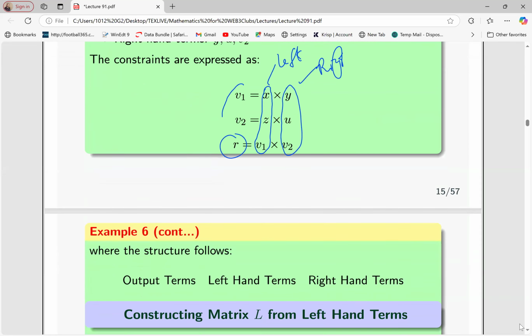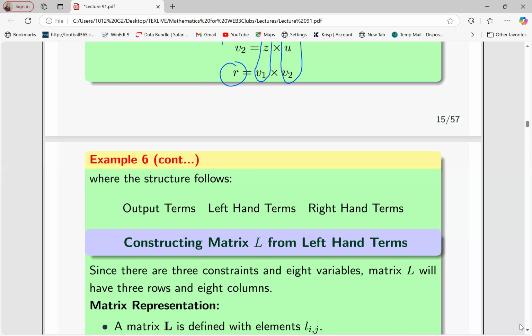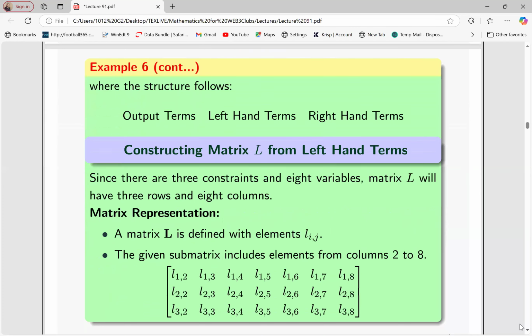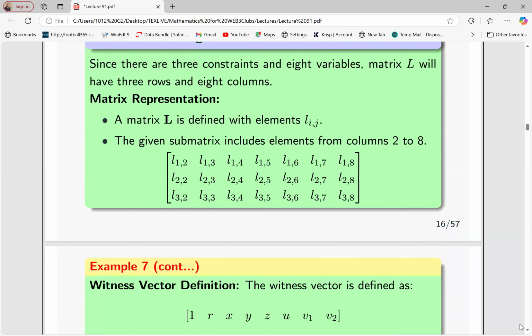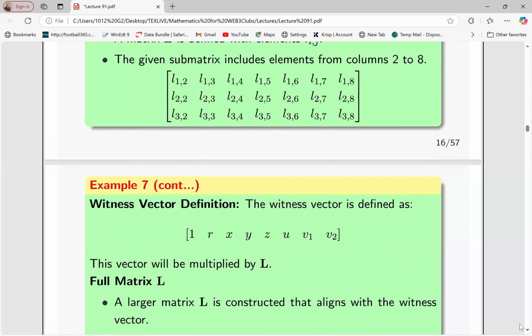So now our left matrix. This is a lot of explanation, but we already know what is going to happen. This is our witness, and we want the left matrix, our L. Let's recall what V1 was: V1 was XY.